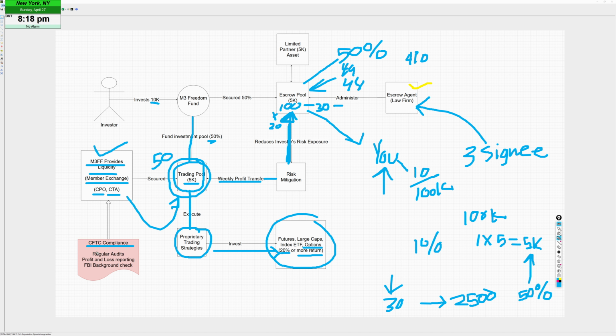So what is their job? They do regular audits. They audit us regularly to make sure that everything we're doing here is legit and legal, and that we're not negative $100,000, let's say, while telling all of our customers, hey guys, this fund is up 200K.